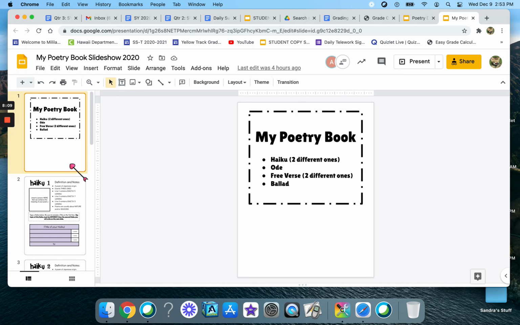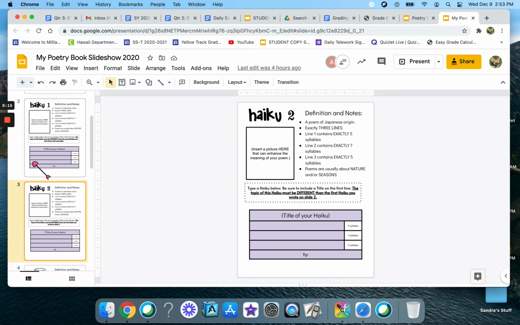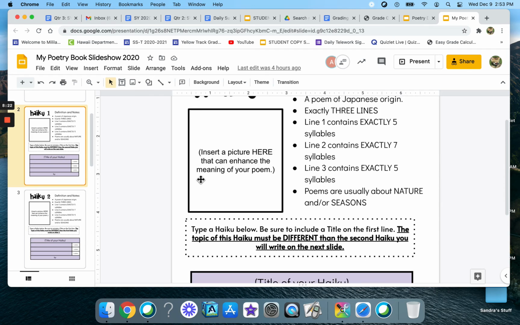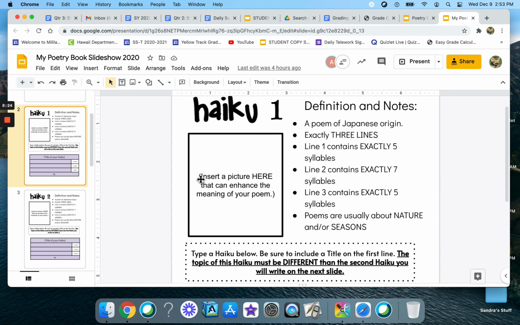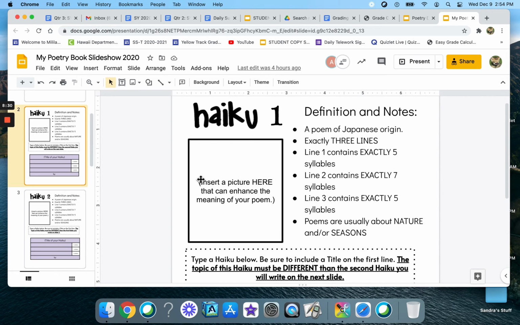Okay, so this is the first page, and you are going to have to do slide 2 and 3 tonight. So if you notice, slide 2 says haiku 1. For your summative, and remember this poetry book slideshow is your summative, you are going to have to write 2 different haiku. So this one is haiku 1.